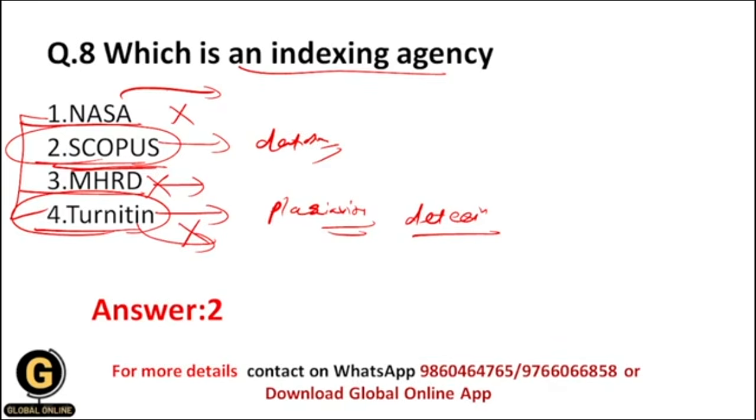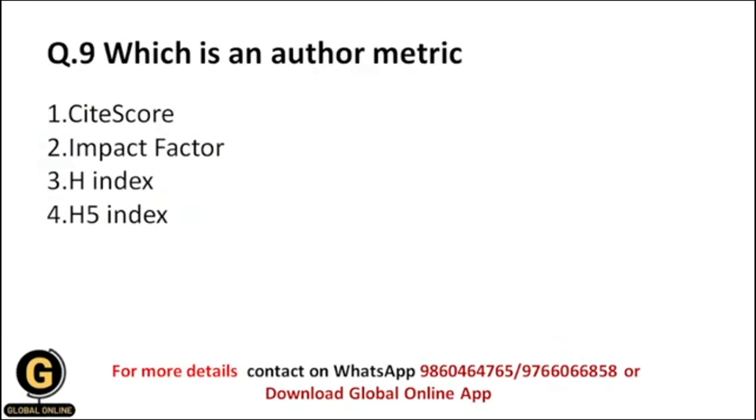Okay, now next is, which is an author metric. Now over here they have given you certain metrics for journal and author, so we are going to identify from these options which is an author metric. Author metric means from this metric you can understand the credibility of an author, not of a journal. So whether it is CiteScore, whether it is impact factor, whether it is H index, whether it is H5 index.